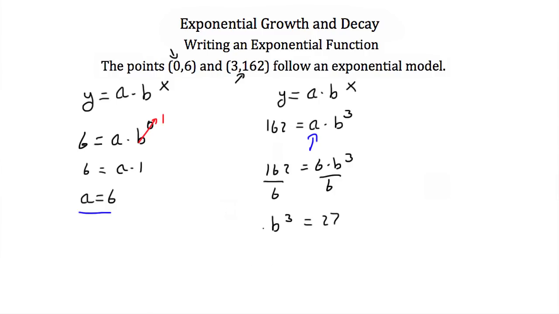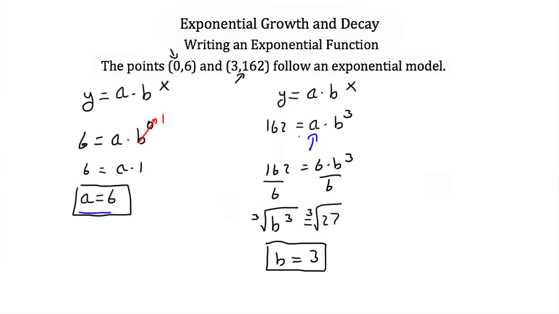Take the cube root of both sides, and you're going to find out b is equal to 3. So I have my b, I have my a. I can plug them into my standard form here, and my model will be y is equal to 6 times 3 to the x. And this completes the tutorial on exponential growth and decay.